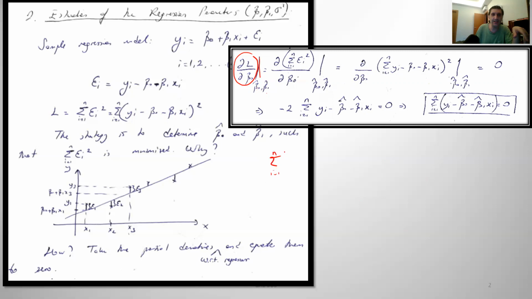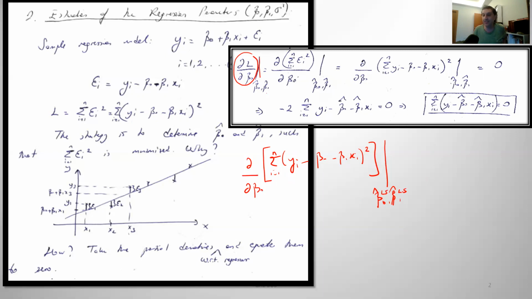This is (yi minus beta 0 minus beta 1 xi) squared. This function, I'm going to take the partial derivative with respect to beta 0, and evaluate the partial derivative at the beta 0 hat and beta 1 hat values. To be more specific, you should write least square also as a subscript, or in any other notation that you like, but you usually skip that. And this is going to be equal to 0.